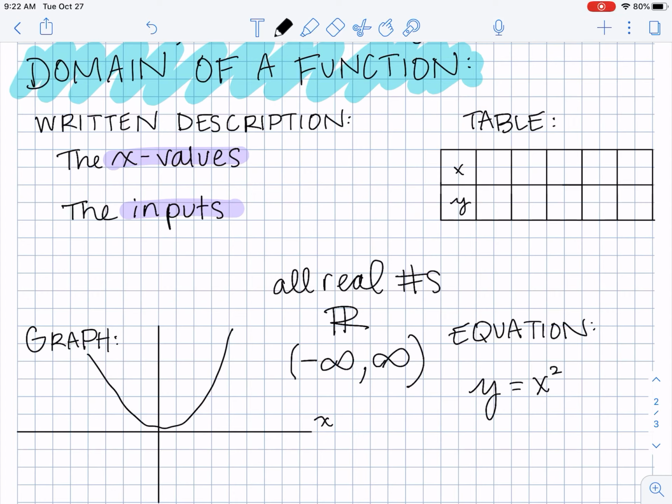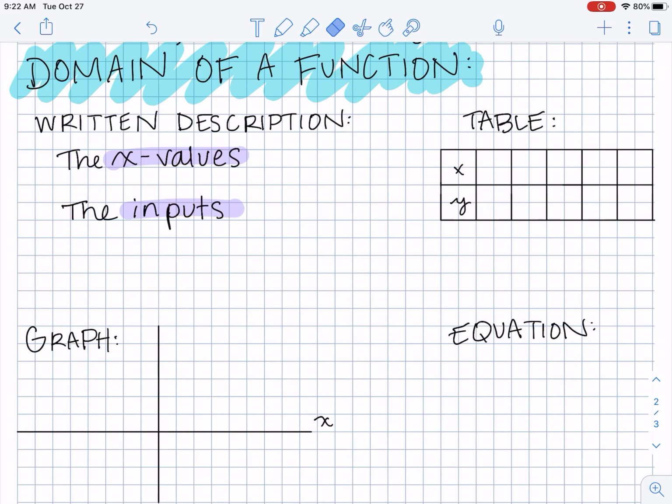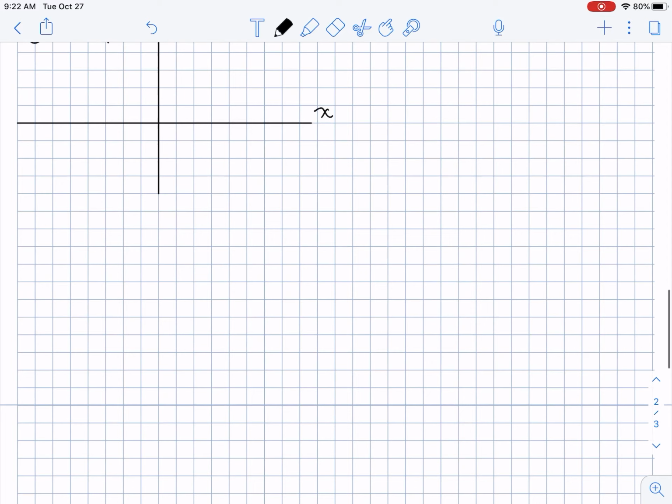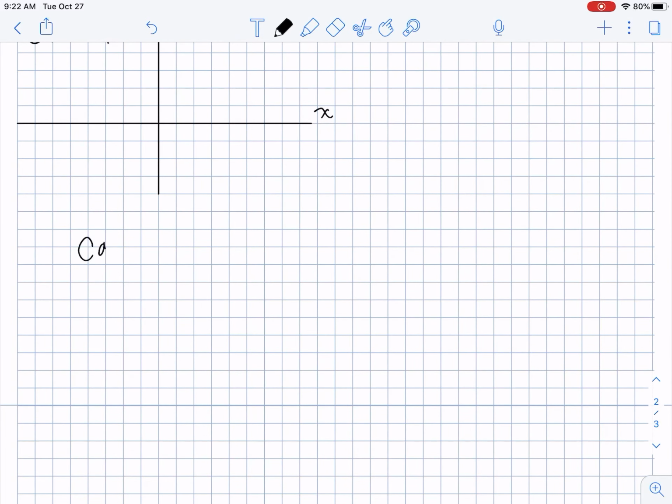You can square any number that you want. Where we start to get into trouble is when we break math rules. So I want us to think for a moment about what math rules there are. Well, we can't divide by 0. That's a big one. Don't ever do that.